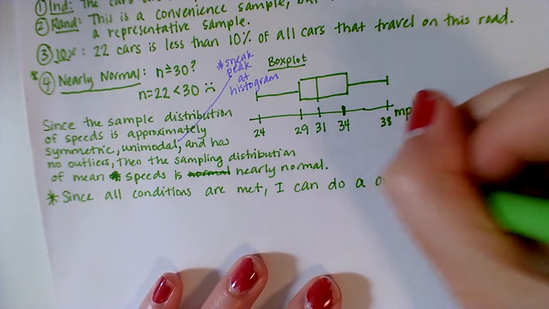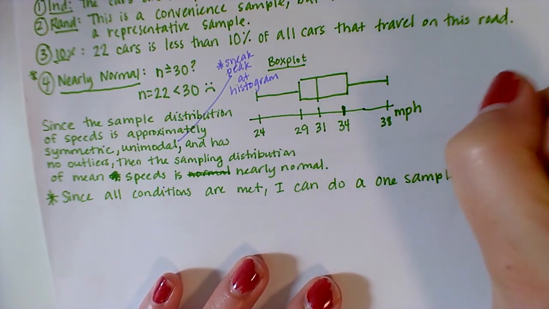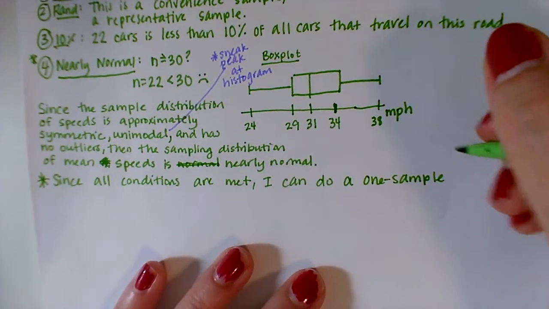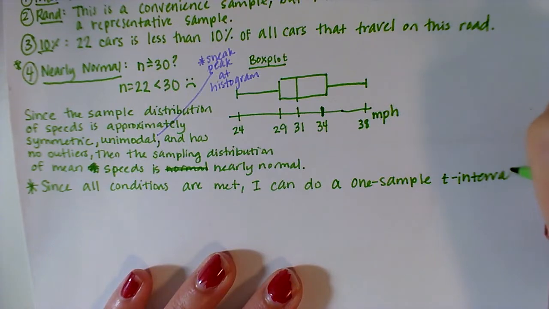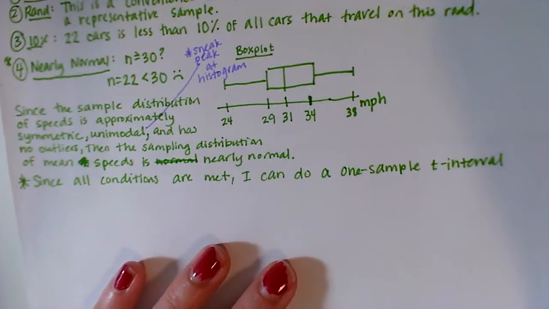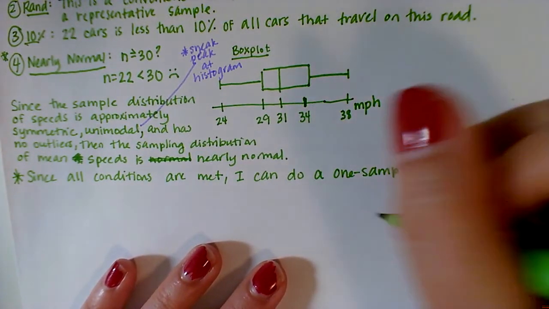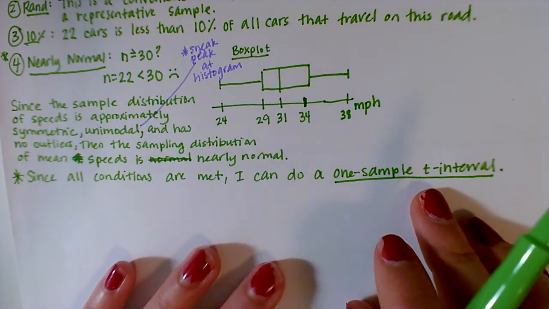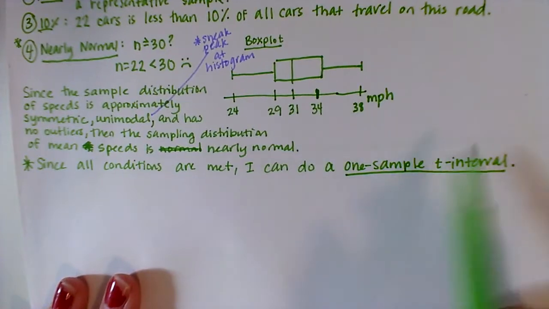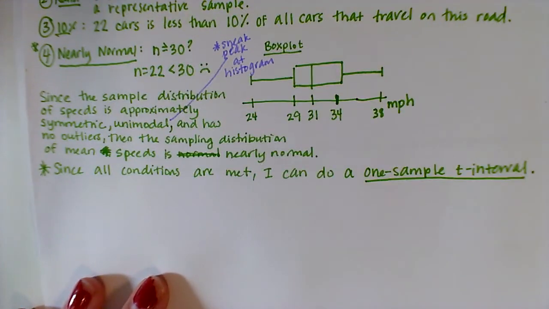So here we say one sample t interval instead of saying one proportion. If I wanted to, I could say for means, and that would just remind me that this is going to be for means. This name right here is going to be the name of what you would also use in the calculator. So it's important to name it using that wording.